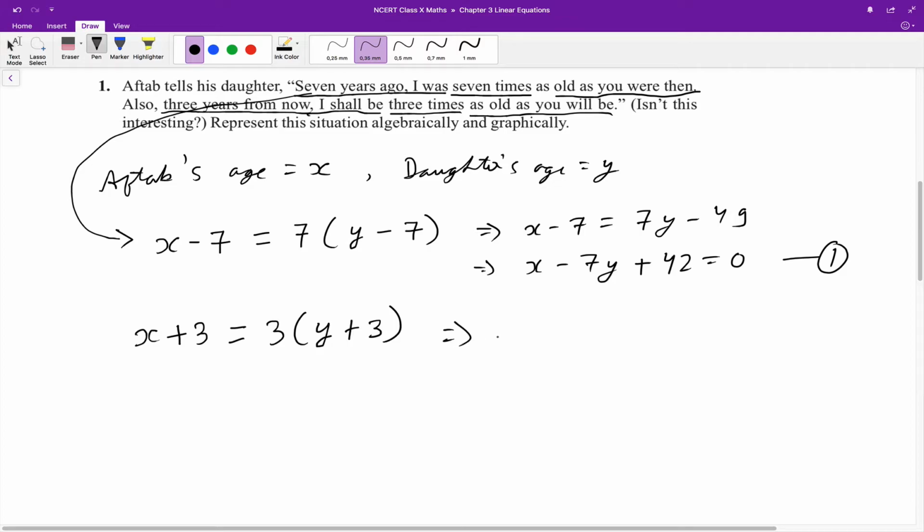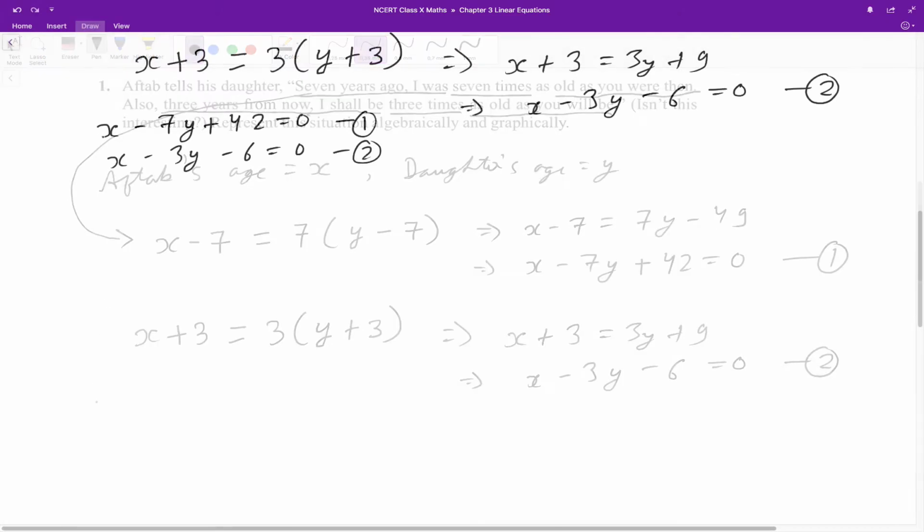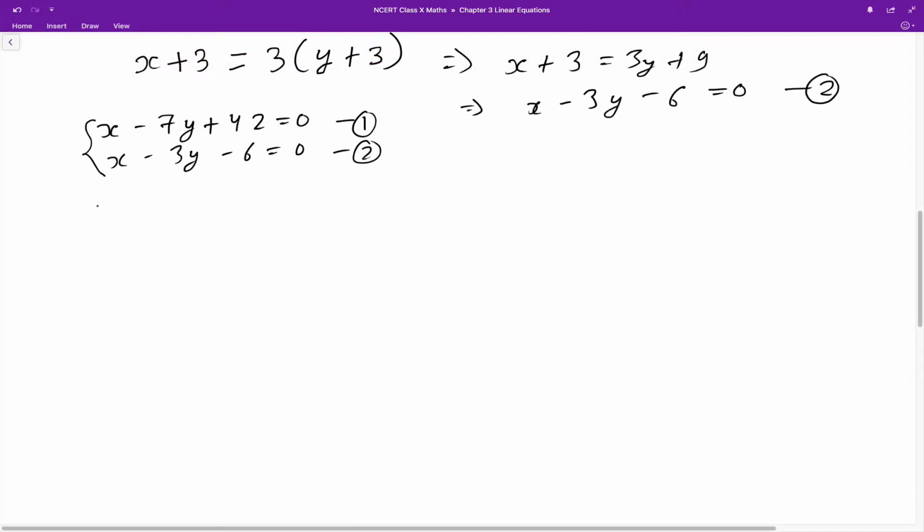So 3 years from now, Aftab's age is x plus 3. After 3 years, Aftab's daughter will be y plus 3. So this is our second equation. x plus 3 is equal to 3 times (y plus 3), that is 3y plus 9. Therefore this implies x minus 3y minus 6 is equal to 0. So this is our equation 2. Okay, so this is the pair of linear equations that we need to solve.